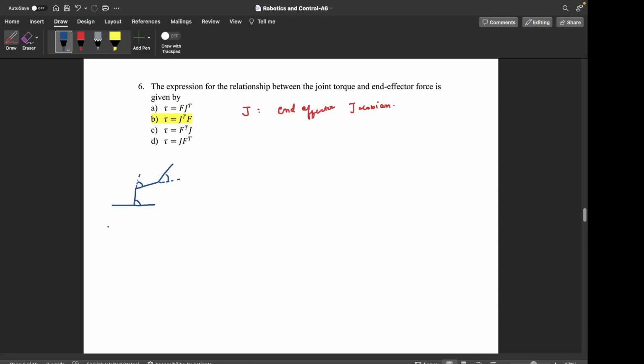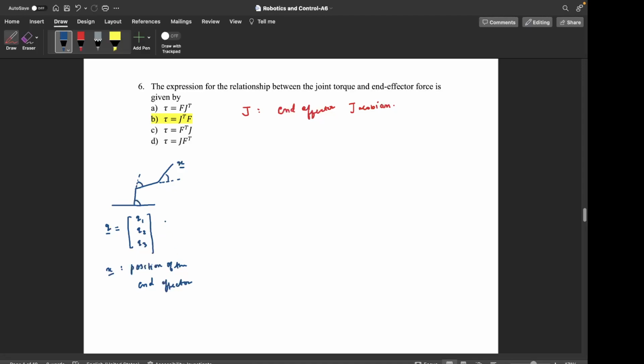The joint angle vector is given by q, which we write as q1, q2, q3. And the position of the end effector, let's say it's given by x. What is x? x is the position of the end effector.